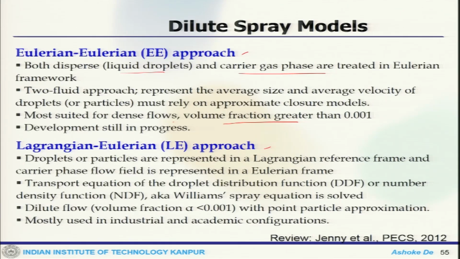Now, in the Lagrangian approach, the droplets or particles are represented in a Lagrangian reference frame and the carrier gas phase is represented in a Eulerian frame. The transport equation of the droplet distribution function, DDF, or number density function, NDF, the spray equation, is solved, with dilute volume fraction approximation. Another advantage of the Lagrangian approach over the two fluid theory is the latter's inability to accurately represent collisions in the presence of flow.